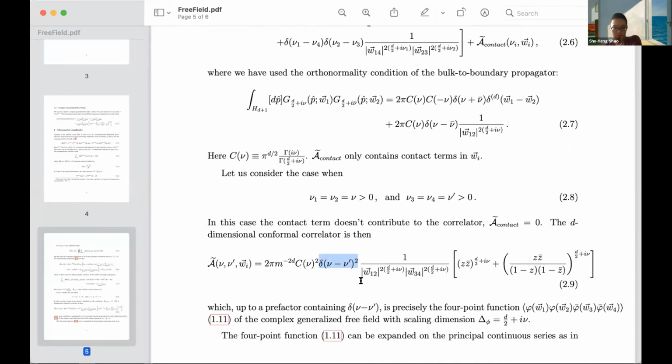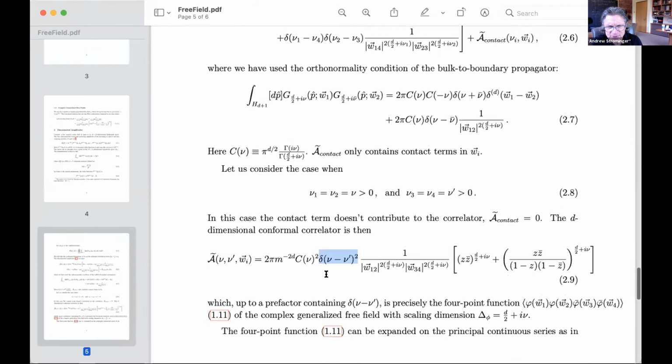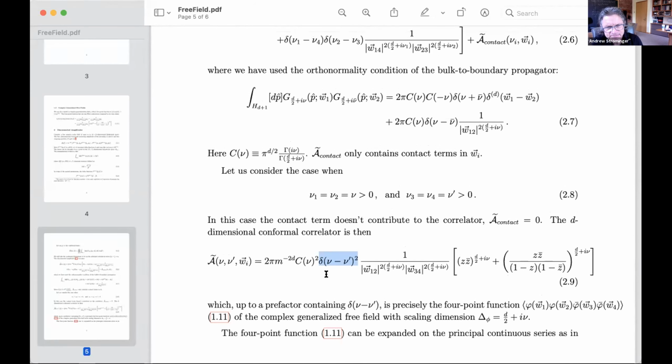So this factor is still there. I don't have a good interpretation. That's probably going to become 1 over sine pi. You could probably derive this by some limiting procedure.